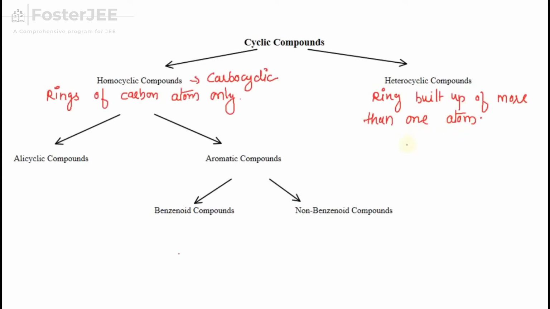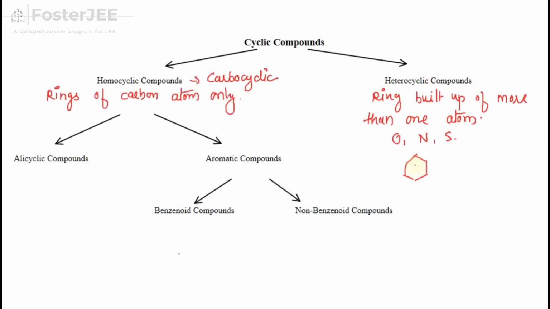So the most common atoms are oxygen, nitrogen and sulfur. So here in heterocyclic compounds, the compounds form a ring which is built up of more than one atom. Examples are pyridine.